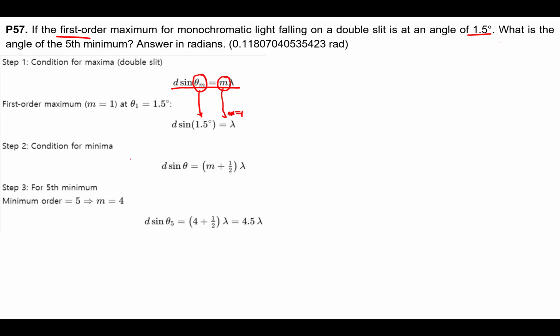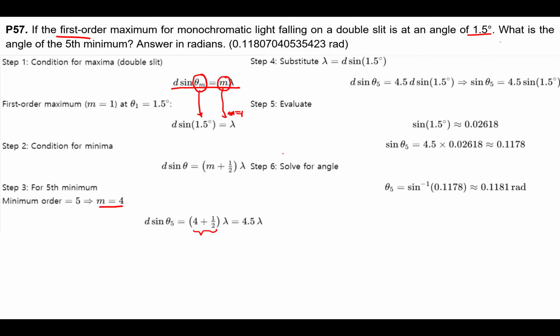And then the condition for the minima is d sine theta equal to m plus half lambda, and for the fifth minimum, the m equal 4, so that you can get this value. Okay, and then we note that lambda is d sine theta 1, so that you can find out theta 5. So note that sine theta 1 is already known here.